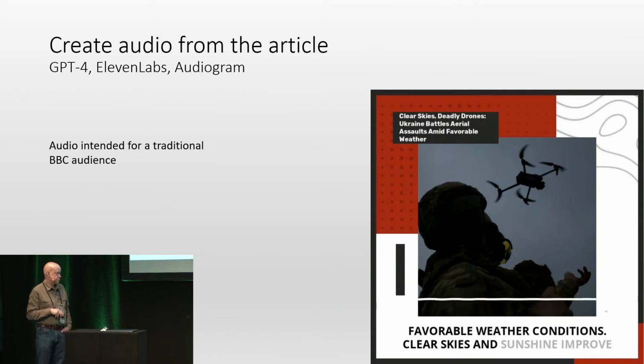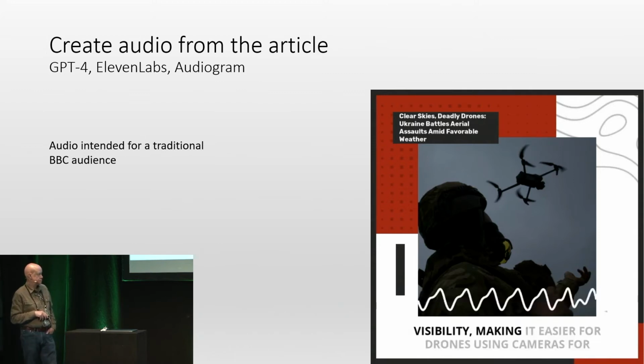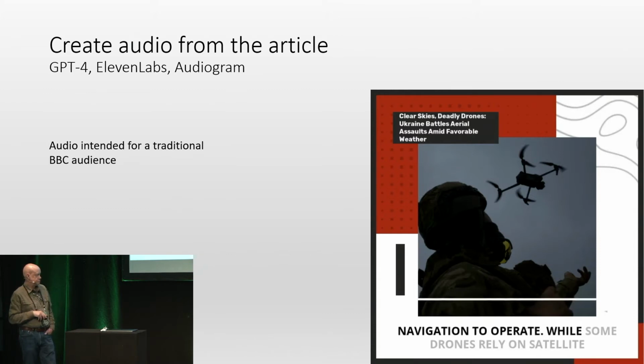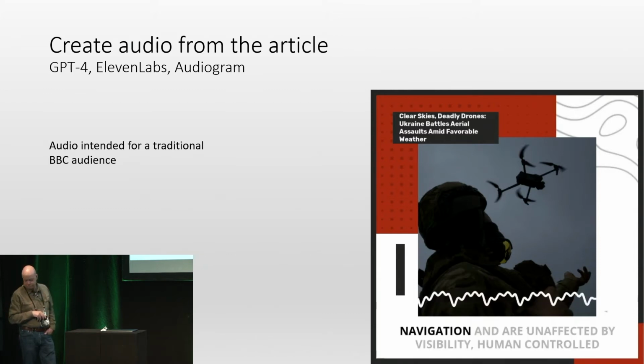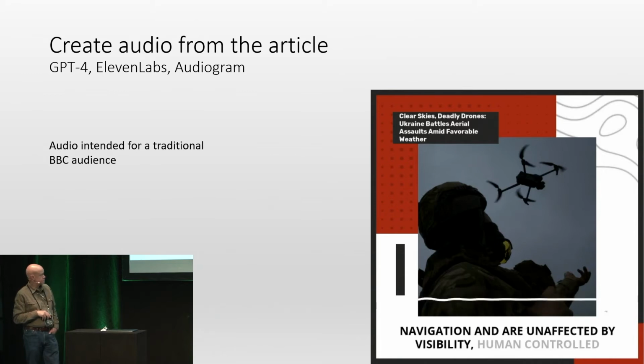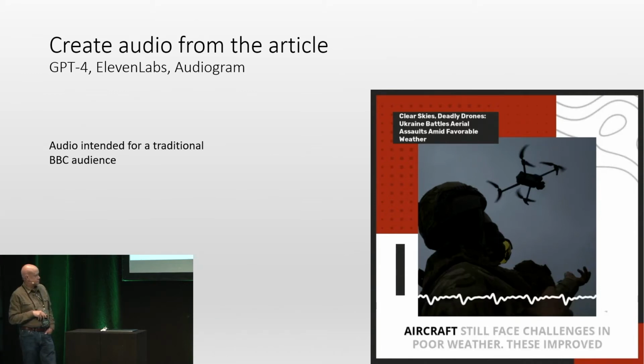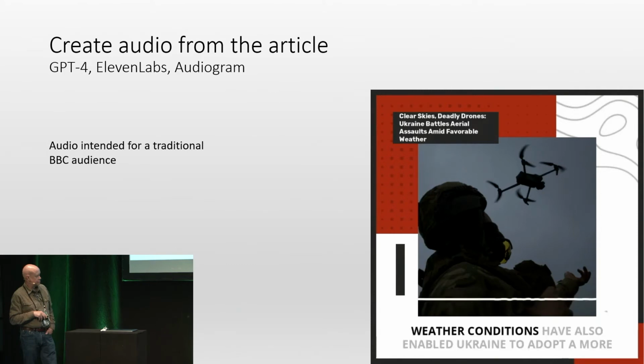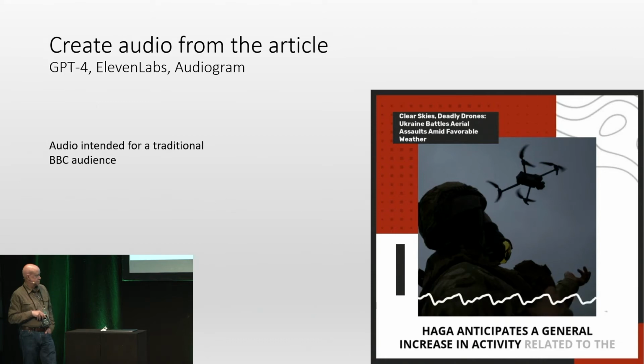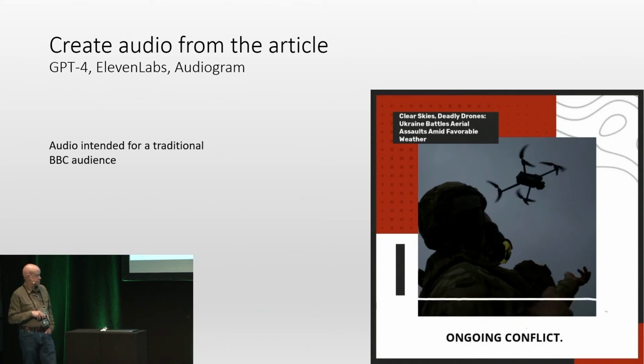Clear skies and sunshine improve visibility, making it easier for drones using cameras for navigation to operate. While some drones rely on satellite navigation and are unaffected by visibility, human-controlled aircraft still face challenges in poor weather. These improved weather conditions have also enabled Ukraine to adopt a more offensive stance, as previously indicated. Consequently, Professor Haga anticipates a general increase in activity related to the ongoing conflict.